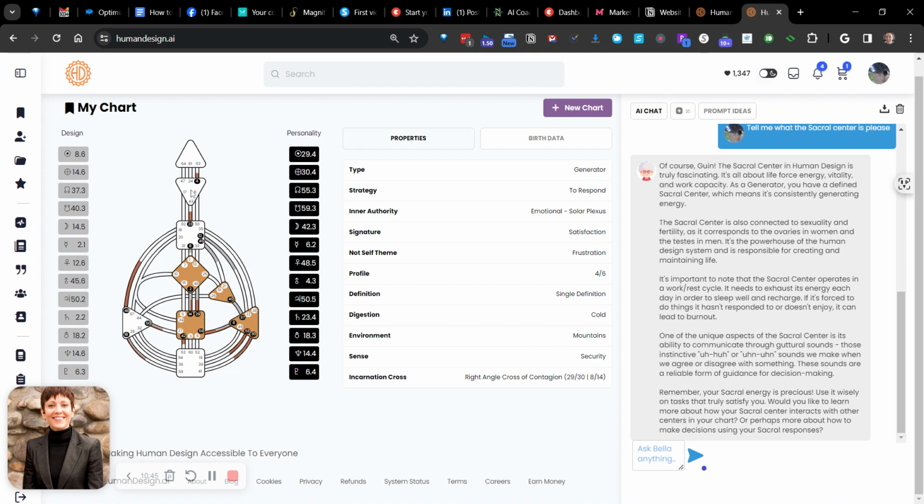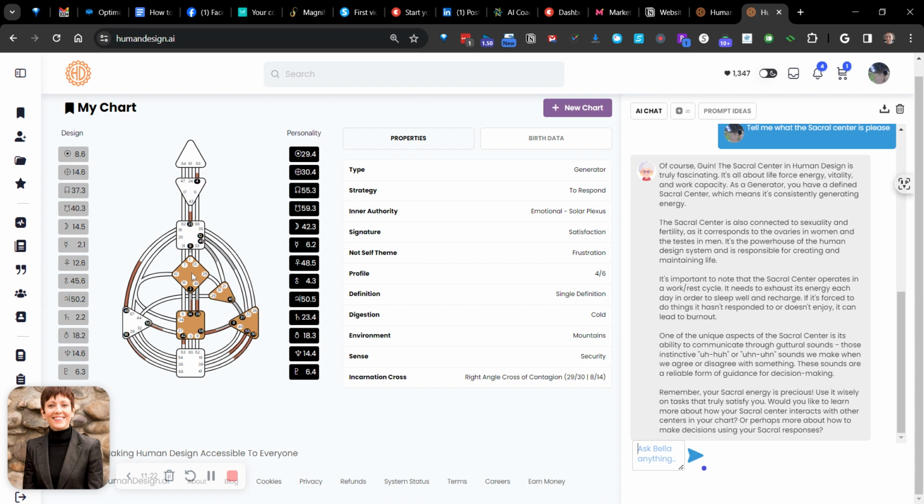The center just below that is called the ajna, sometimes also referred to as the mind. Just below that center is the throat center. And just so you know, pretty much all things in human design are pushing towards the throat center. If you notice, this particular center has more gates in it, more numbers in it than any of the other centers.